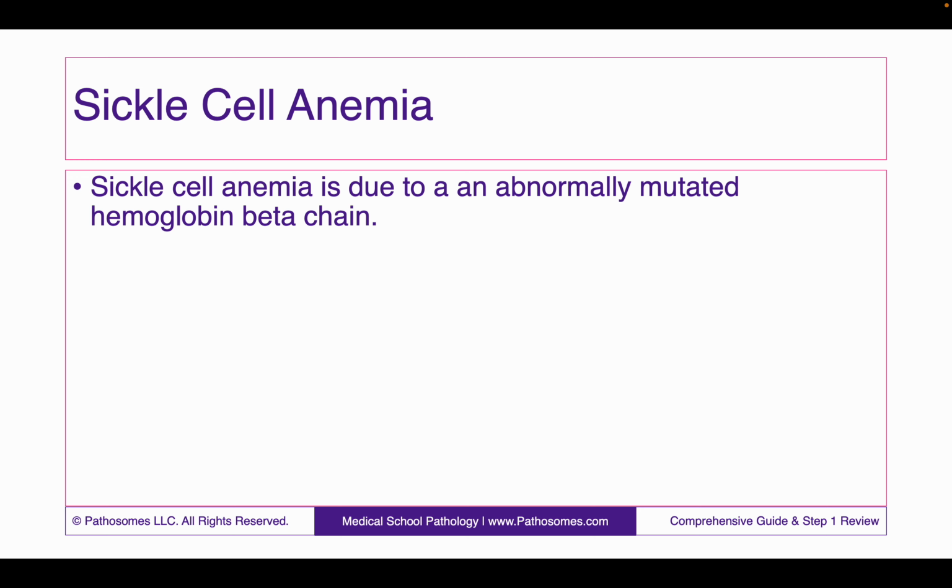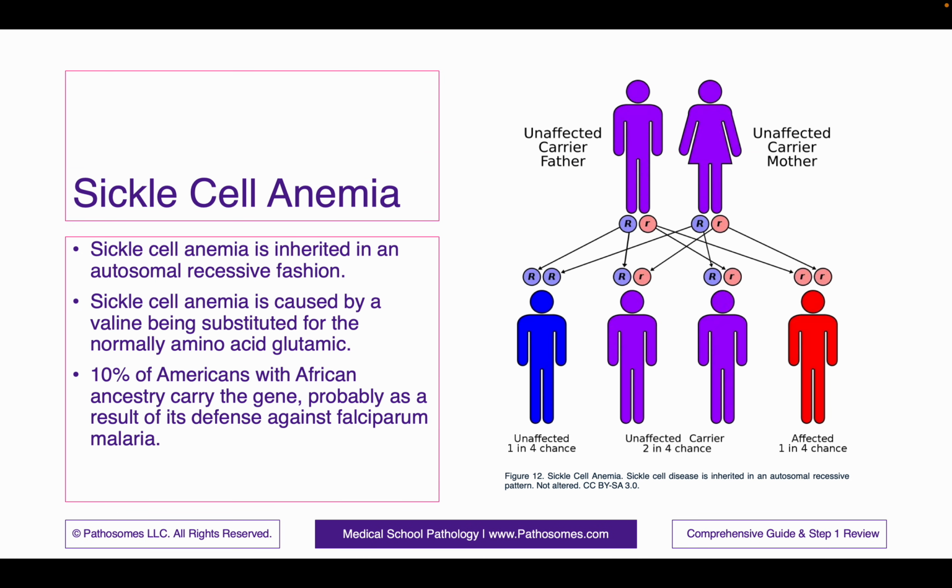Moving on to sickle cell anemia. Very important topic. Sickle cell anemia is due to an abnormal mutated hemoglobin beta chain. Sickle cell anemia is inherited in an autosomal recessive fashion. Here on the right, you can see the inheritance pattern for sickle cell anemia, okay?